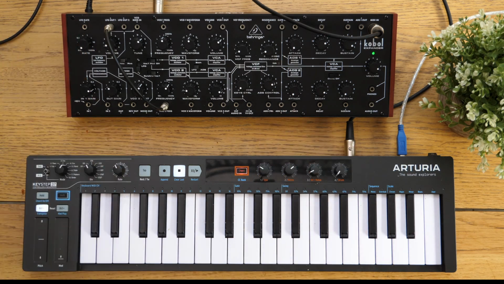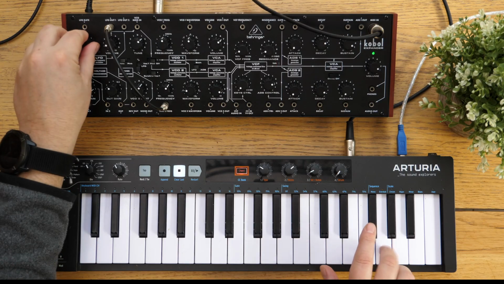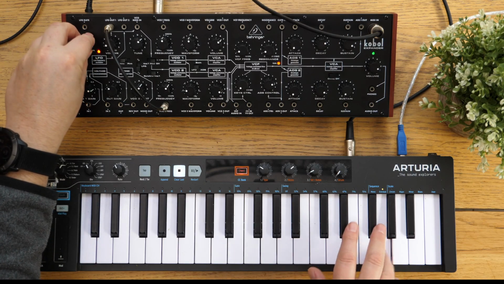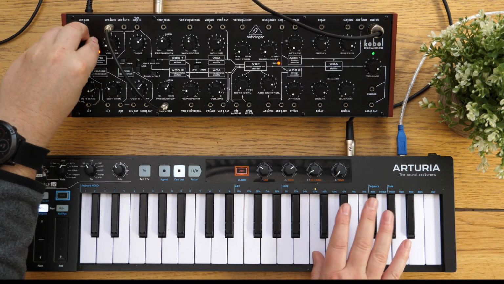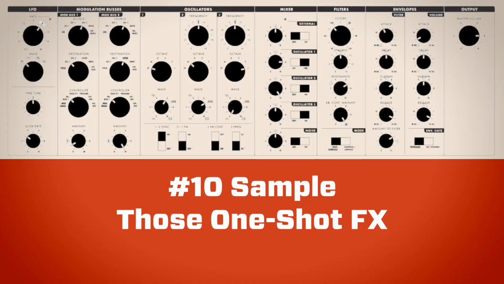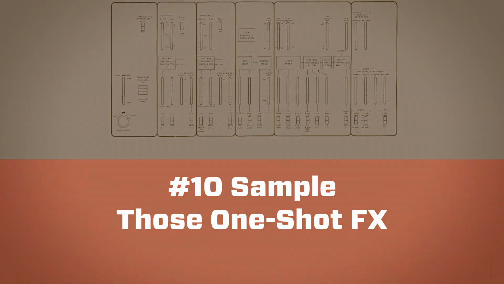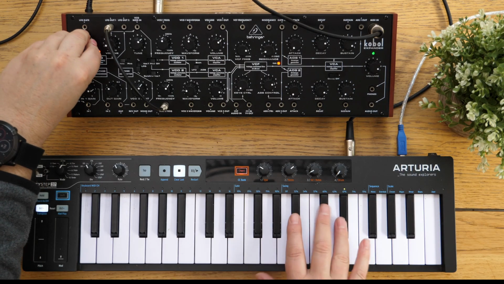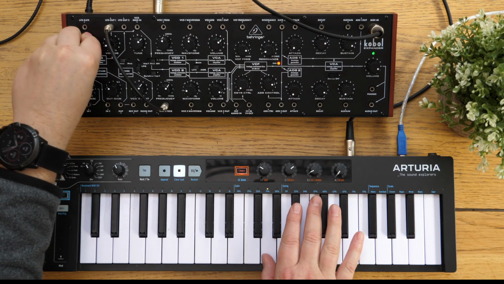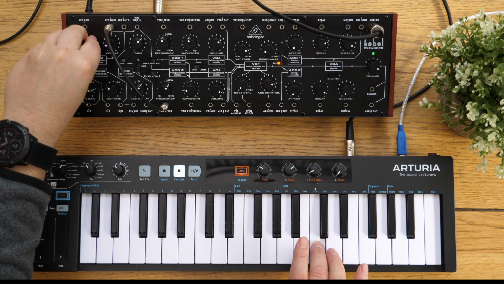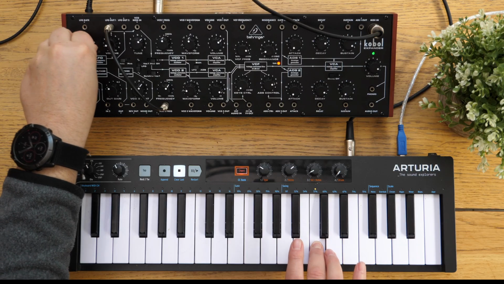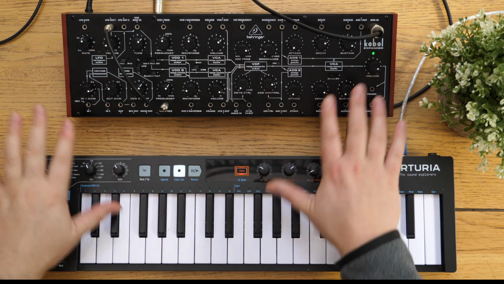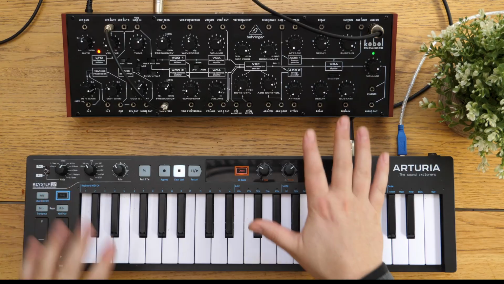So you just get the crisp, clear tone at the end. And then just mess around, sample what you like, and add loads of stuff together, which is my final tip.